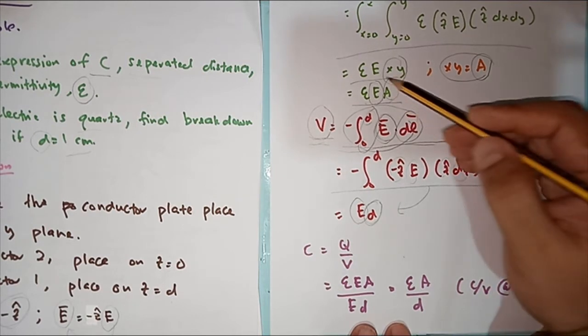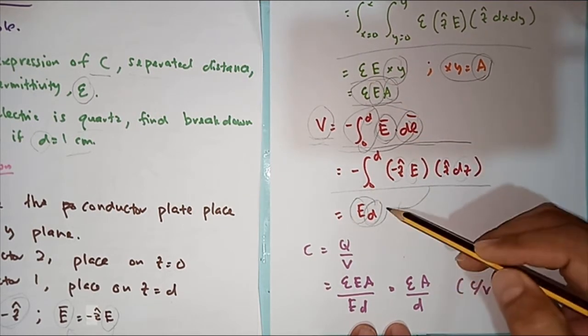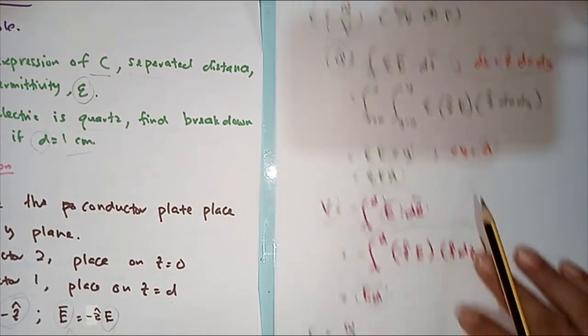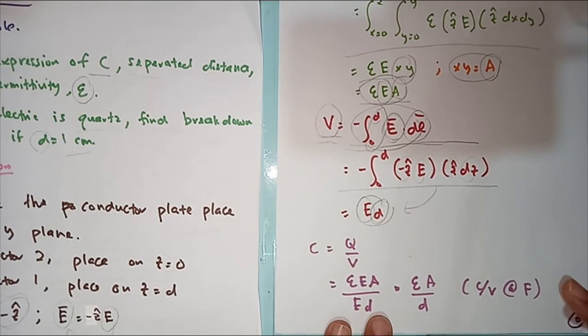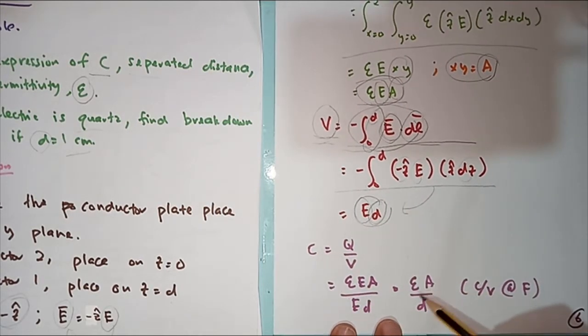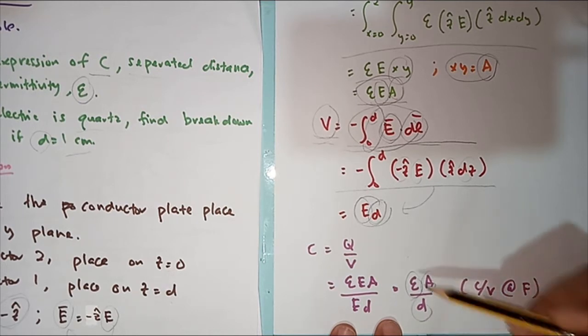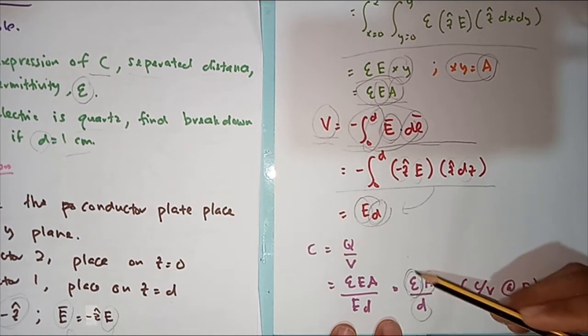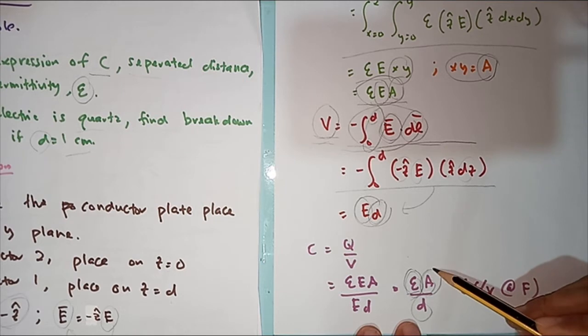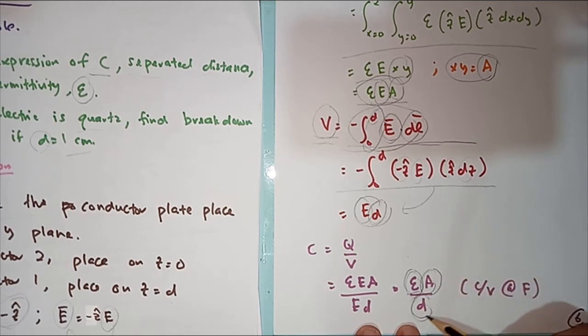By replacing this expression and this expression inside the general expression for the capacitance, we will have the capacitance is equal to epsilon A divided by D. Here, epsilon is our electric permittivity for the dielectric, A is the surface area of the conductor, and D is the thickness of the dielectric.